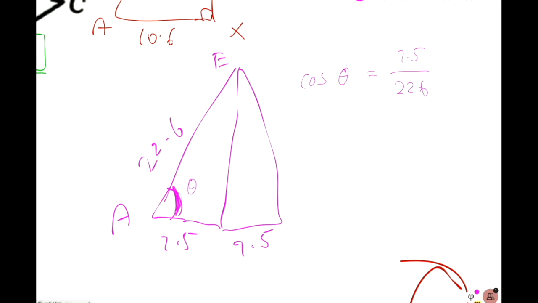Now next to find theta, cosine inverse this one. So use calculator. We get 70.6. So that's 70.6 degrees. And we score another 3 marks.